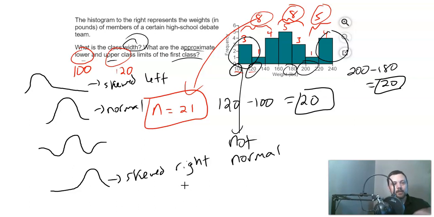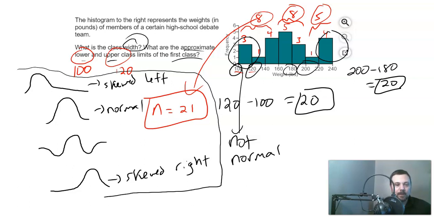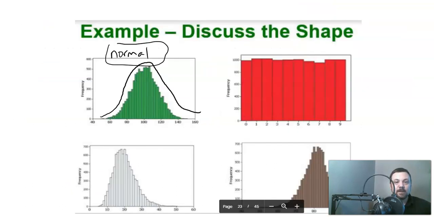All right, so maybe I should have drawn that on a different screen other than this screen, but at least it's somewhere on the video. And so that's a good reference for you to draw a conclusion from the pattern that you're seeing in the histogram, right? Okay, so let's take a look at these other ones.